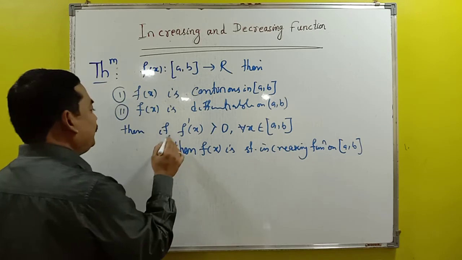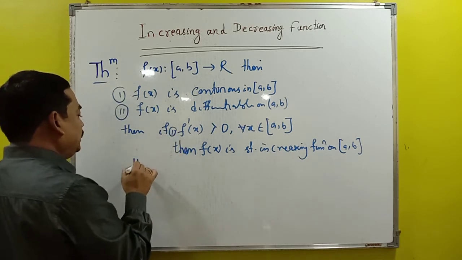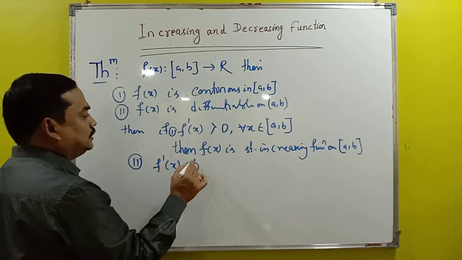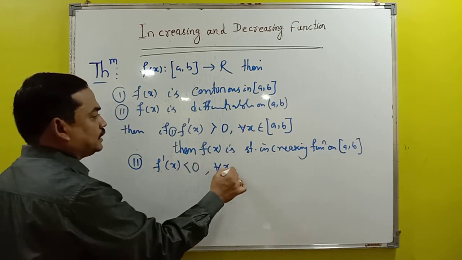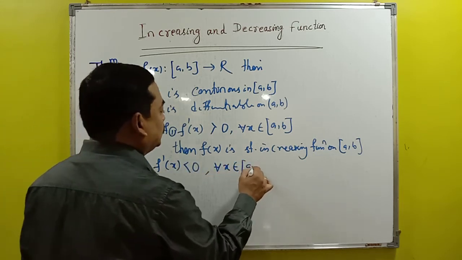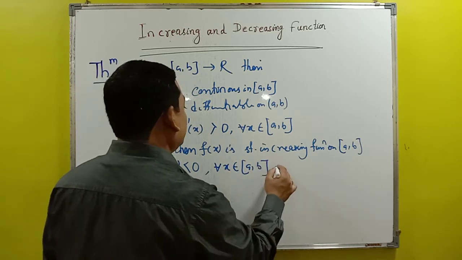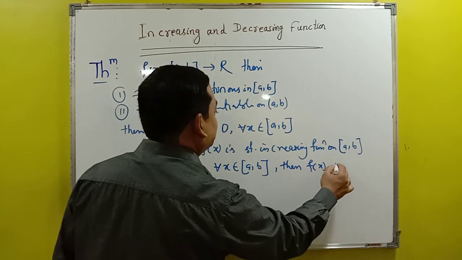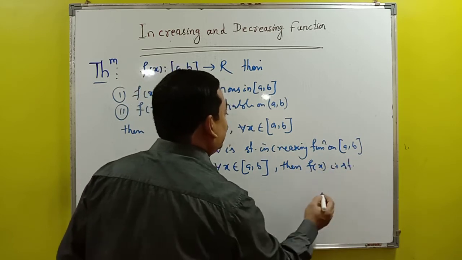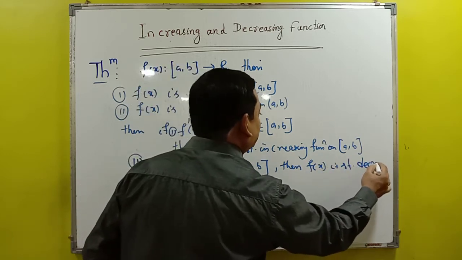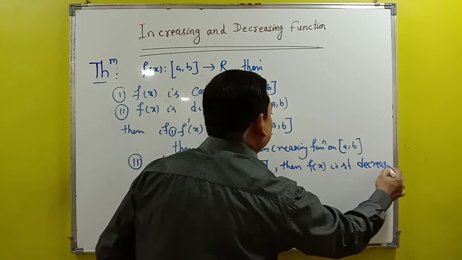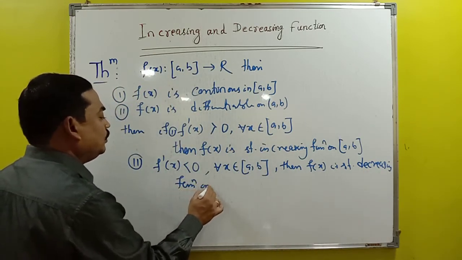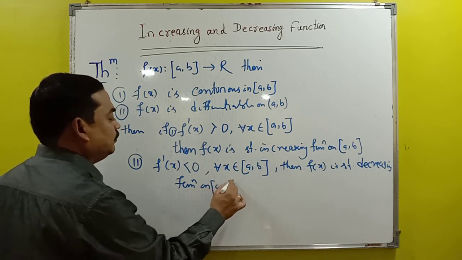And second point, if f dash x is less than 0 for all x belonging to the closed interval a b, then f of x is a strictly decreasing function on the closed interval a b.